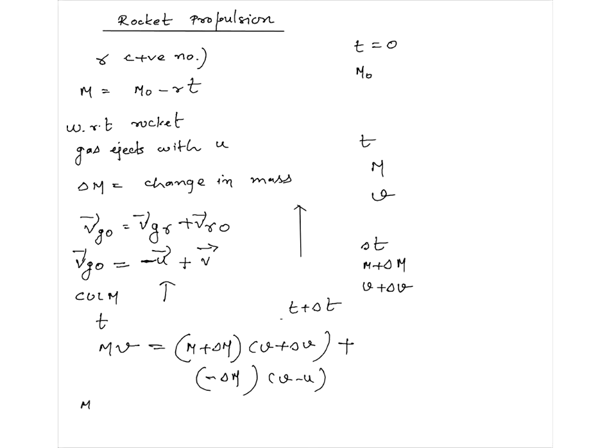So let's open the right side. Cancel as much as we can. That's it. We want delta V by delta t.